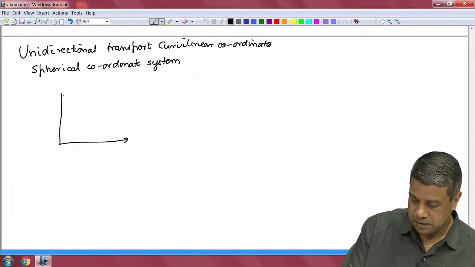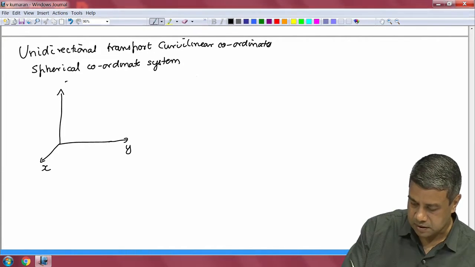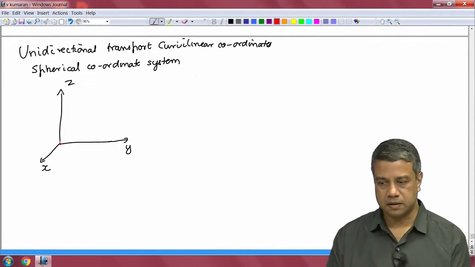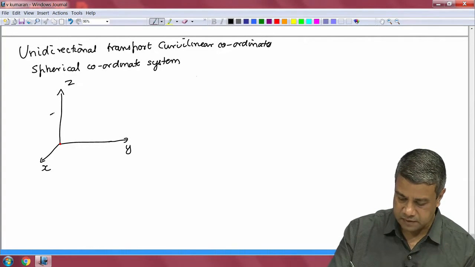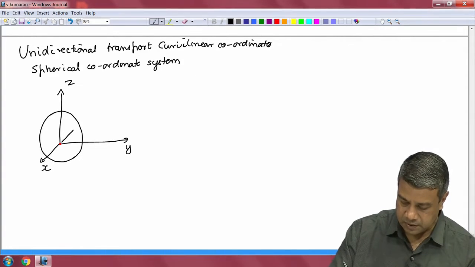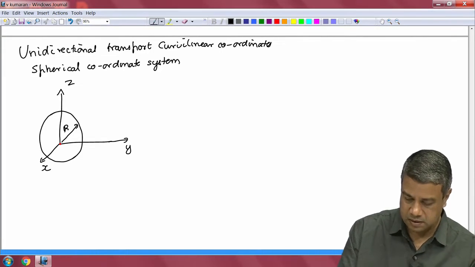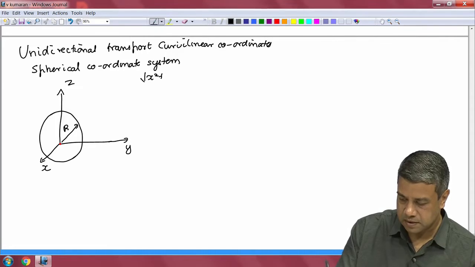So, if I have a 3-dimensional coordinate system x, y and z, and the origin is the center of the sphere, then if I take a spherical surface in this coordinate system, every point on this surface has a constant distance from the origin r, or the equation for the surface is square root of x square plus y square plus z square is equal to r.